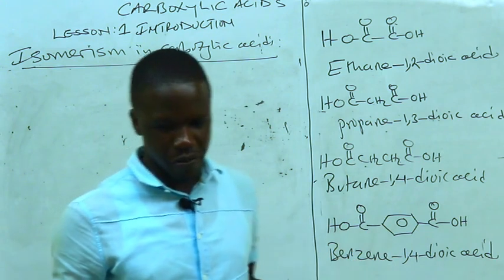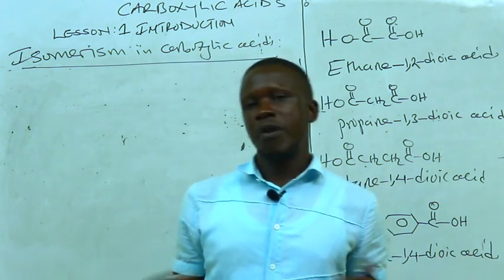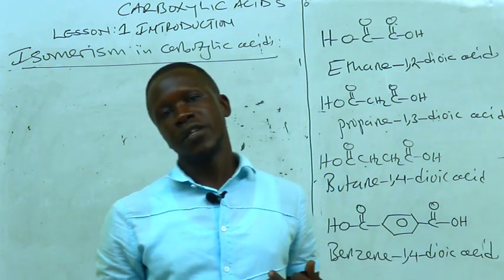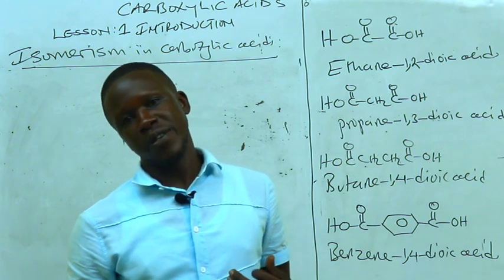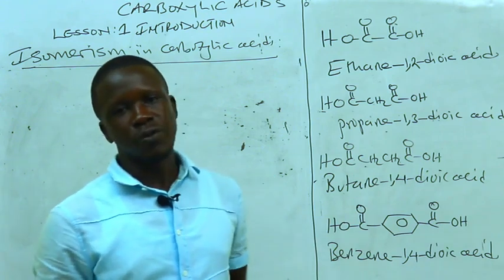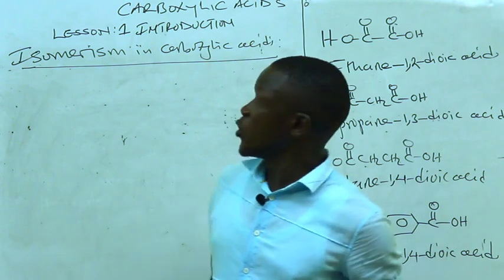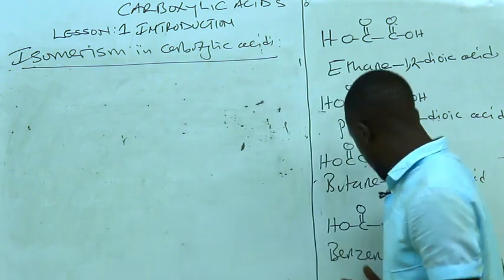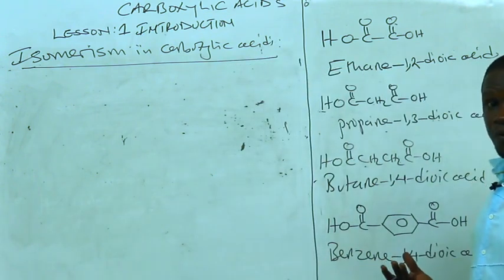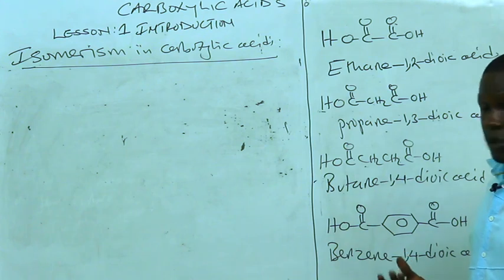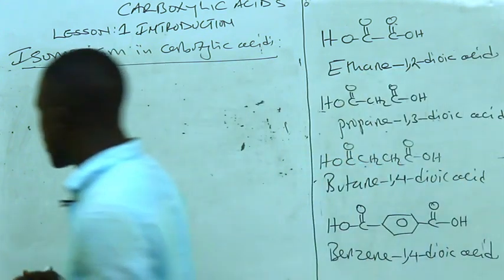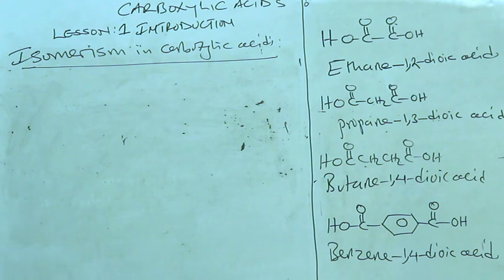If they have structure isomerism, they have all 3: the chain, position, and functional group isomerism. Yes, they have structure isomerism, but due to the structure of the carboxyl group, it is impossible for us to have the position. So the best we can talk about is functional group isomerism and chain isomerism.